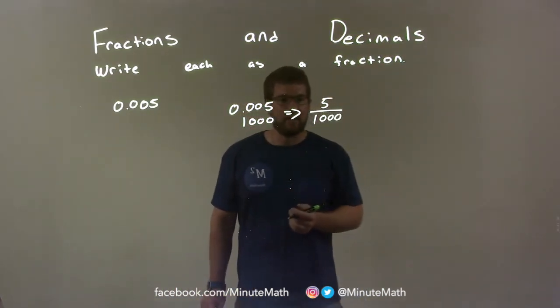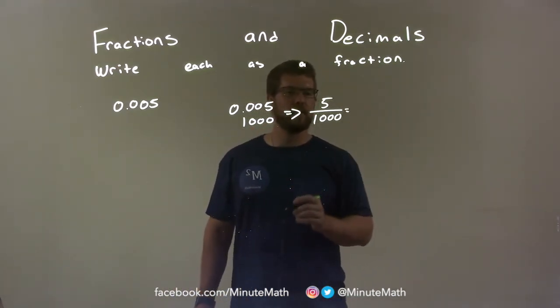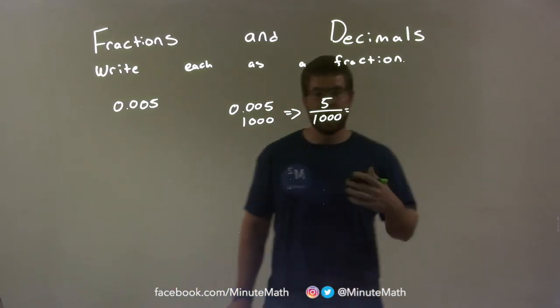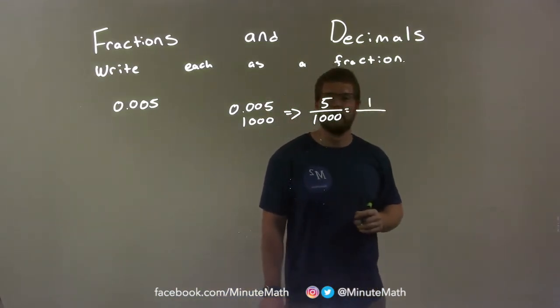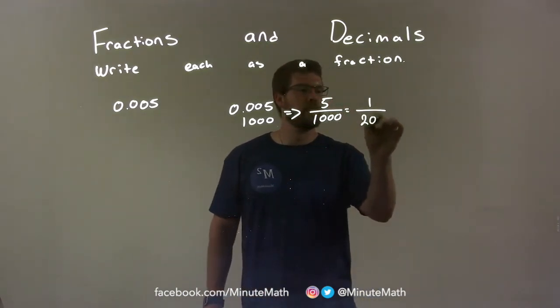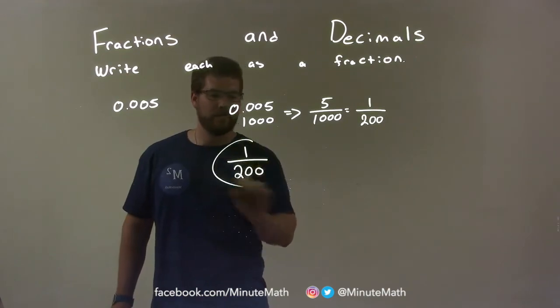I can simplify that. Both are divisible by 5. 5 divided by 5 is 1, and 1,000 divided by 5 is 200. And so my final answer is just 1 over 200.